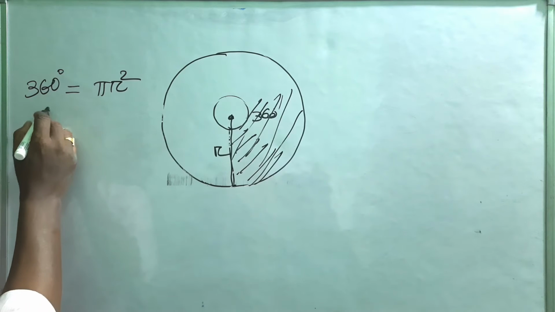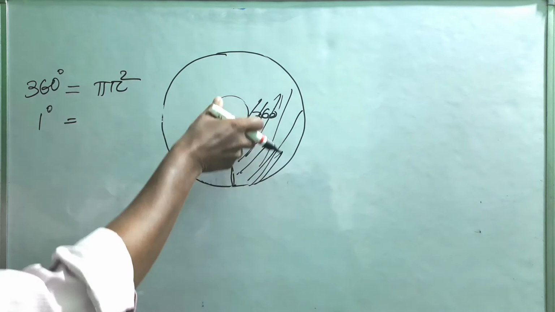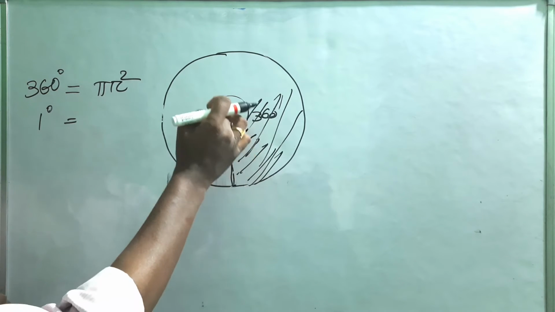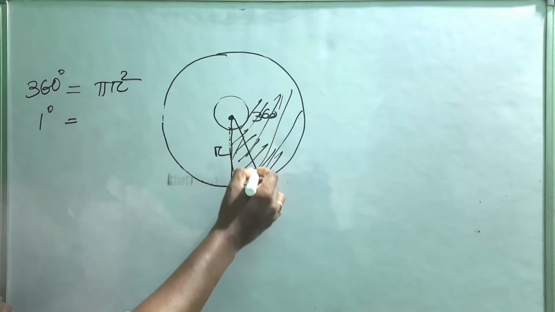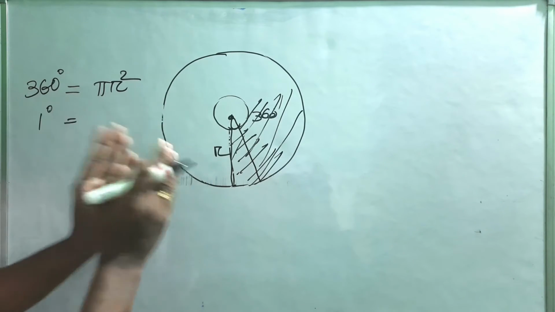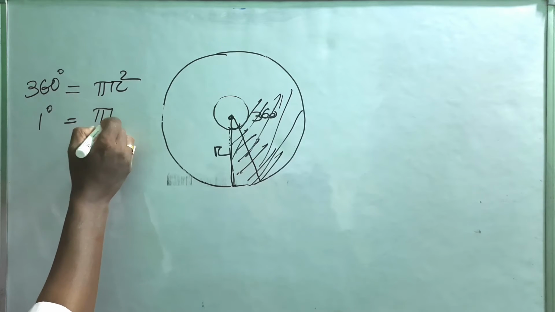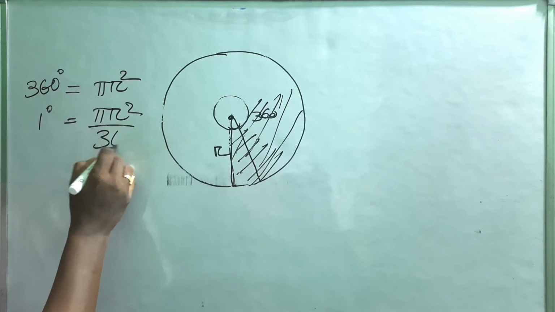So when the angle is 1 degree, that means when this radius sweeps only 1 degree at the center, how much area will it cover? Pi r square by 360.